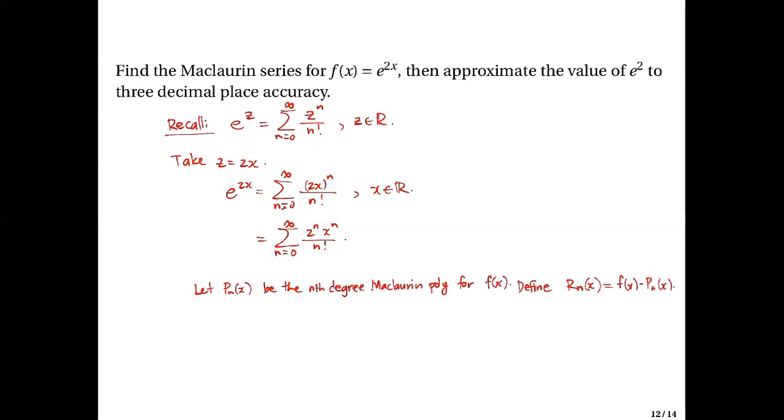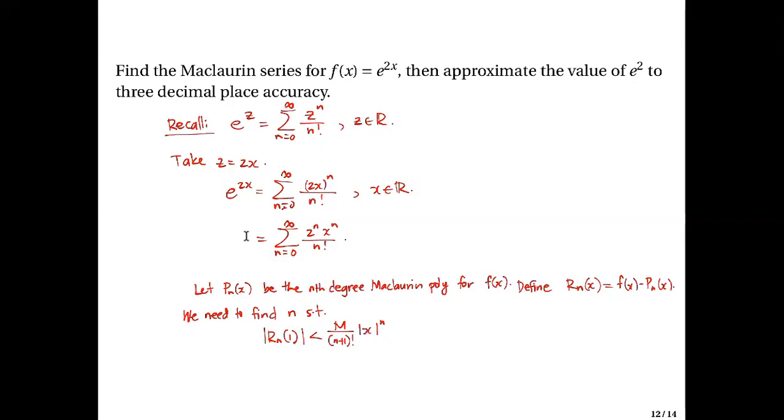Then according to the theorem, we need to find n such that the absolute value of r sub n of 1 is less than capital M over n plus 1 factorial, times the absolute value of x raised to n plus 1.